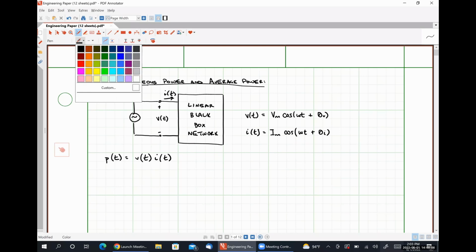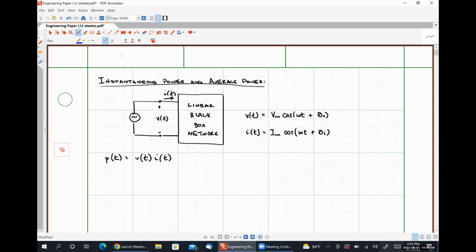So the trig identity that we are going to be using is this: cosine of x times cosine of y is equal to 1/2 multiplied by cosine of x minus y plus cosine of x plus y, where in this case, x is going to be this angle and y is going to be this angle.